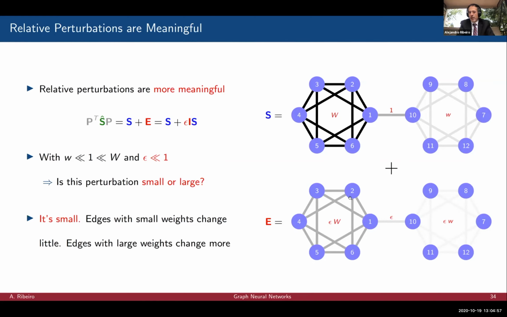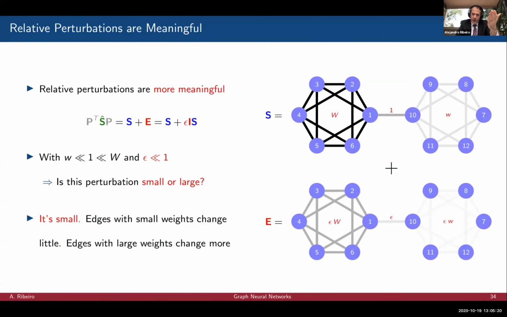So for example, here I am perturbing this big community by epsilon W and this weak community by epsilon little w. If you ask me whether this perturbation is small or large, yes, indeed, it's a small perturbation. I mean, the graph is not changing much. So edges with small weights change a little, edges with larger weights change more.